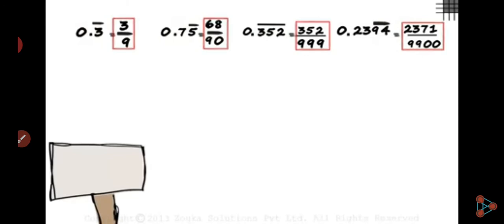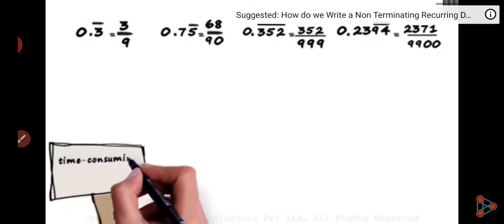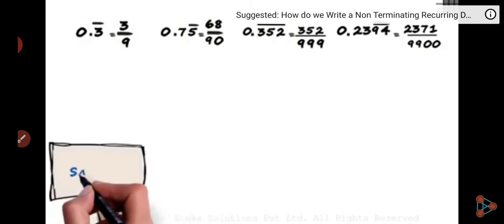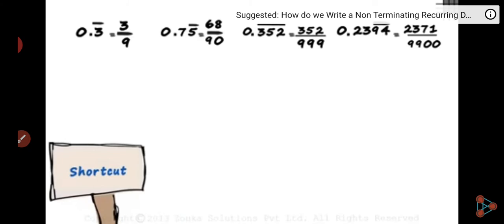What is the shortcut method? Because in this method the calculation is very tough and time consuming also.